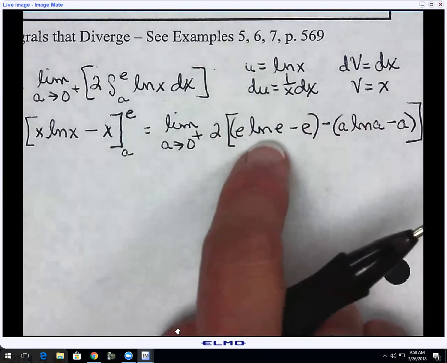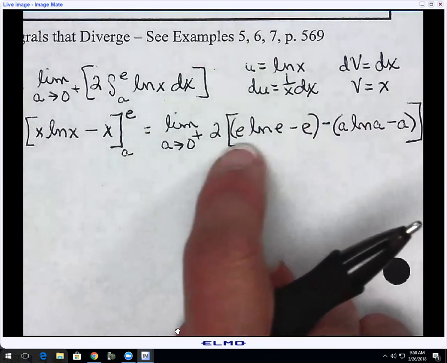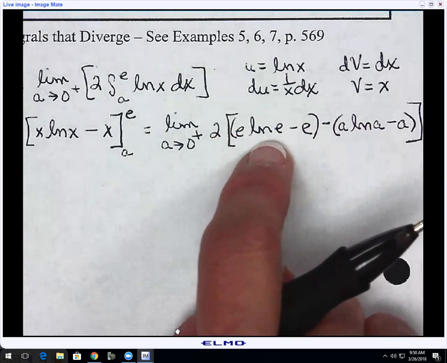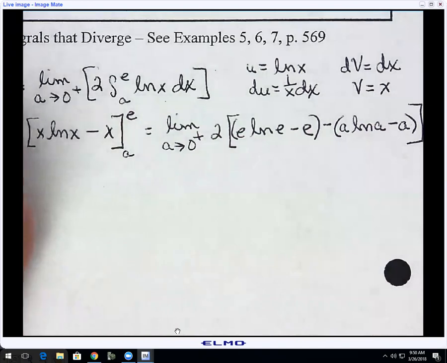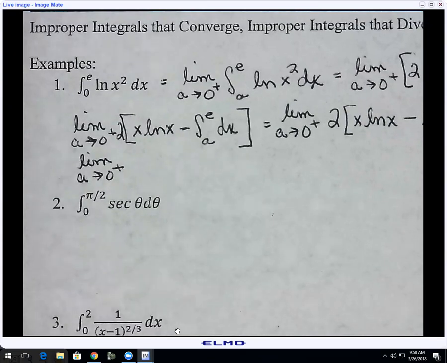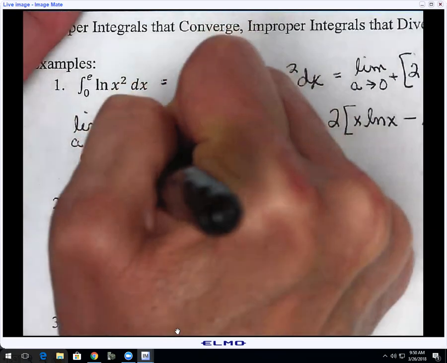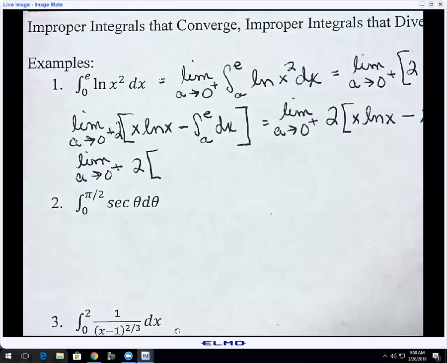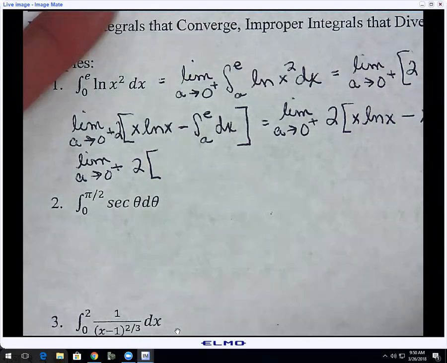What's e natural log of e minus e? 0. That's great. That's just 0. So I've got the limit as a goes to 0 from the right of 2 times 0 minus a bunch of stuff with a's in it.